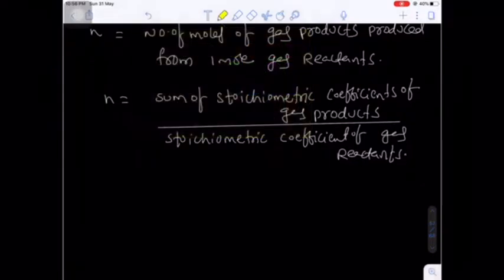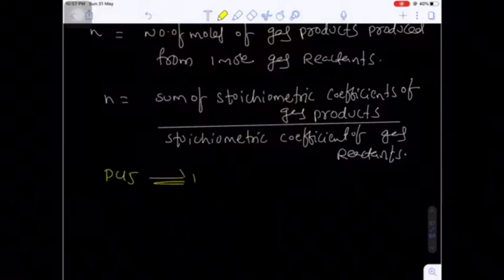Okay, let's suppose we have different examples. Let's suppose I have PCl5 decomposition.